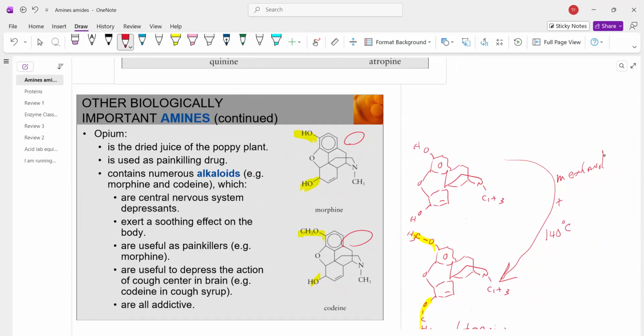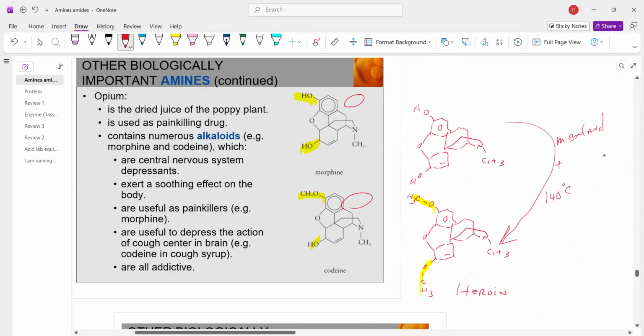I'm going to make a note here. This is called black tar heroin. Extremely impure, particularly when you're making it in a home lab. But anyway, my point is it's crazy how street drugs are made.